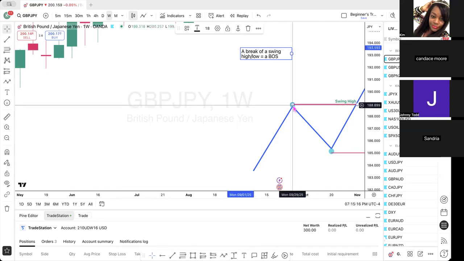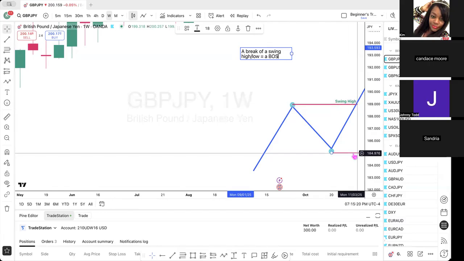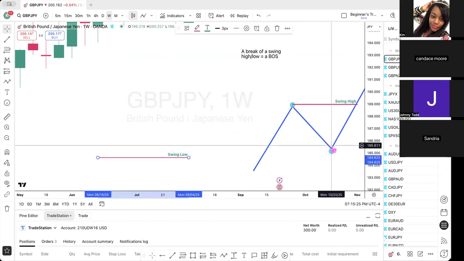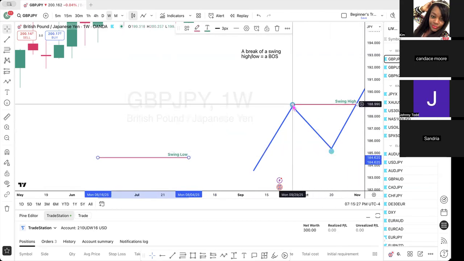So this is our swing high, and then price broke above this, above here. Now, this is not a swing low. This right here is not a swing low until you get a break of structure.